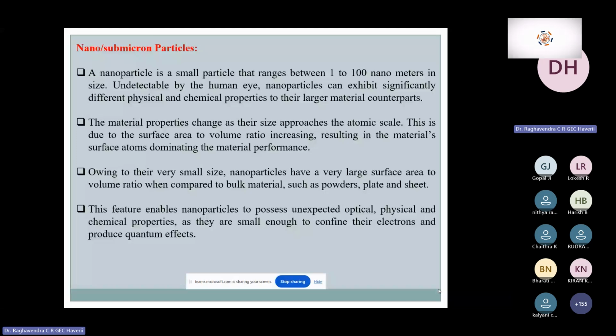This feature enables nanoparticles to possess unexpected optical, physical, and chemical properties, as they are small enough to confine their electrons and produce quantum effects. This is what has made them more effective in all fields of engineering.